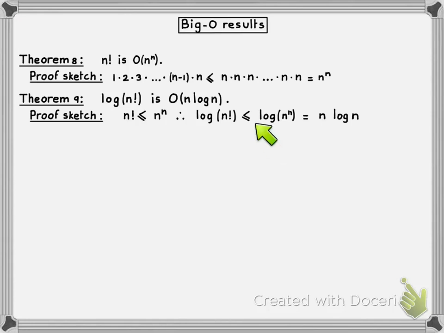Therefore, the logarithm of that product is the sum of the logarithms, log n plus log n ... plus log n, n times, in other words, n times log n. So in conclusion, the logarithm of n factorial is upper bounded by n log n, and that is the statement of the theorem. And this concludes our second lecture on the growth of functions.